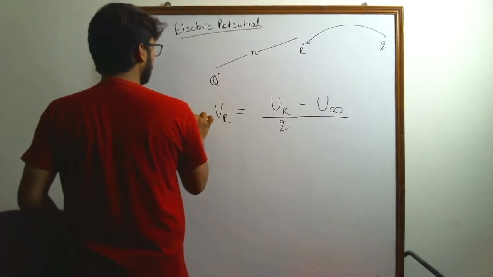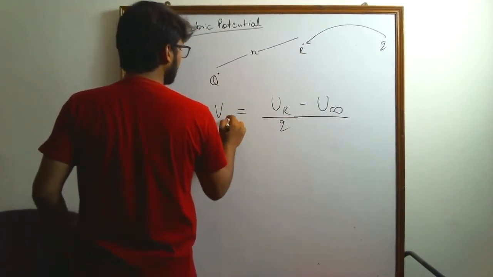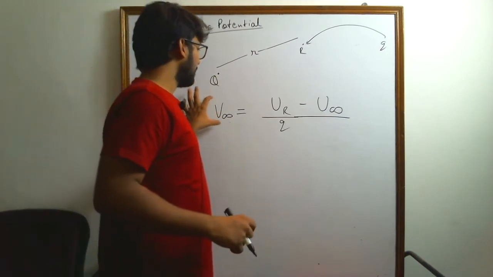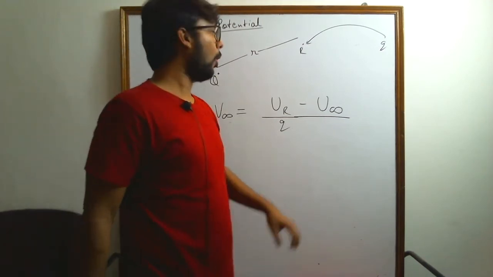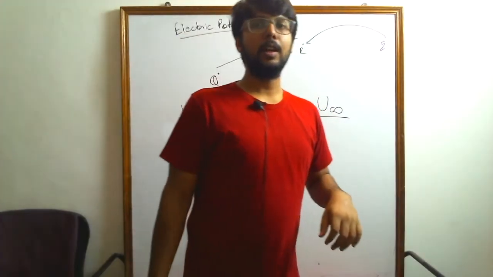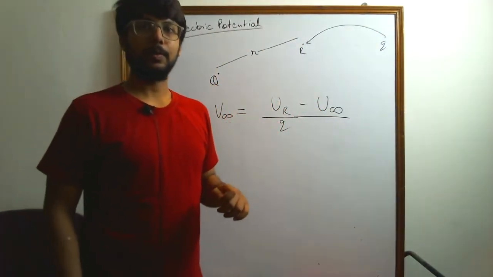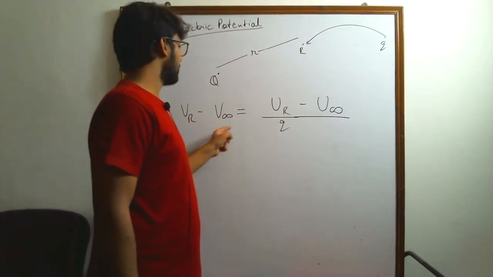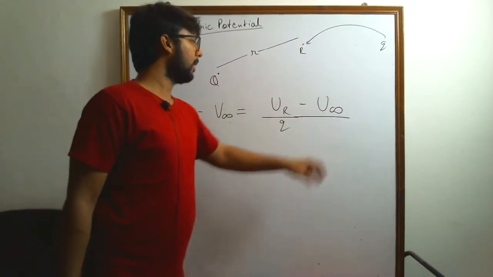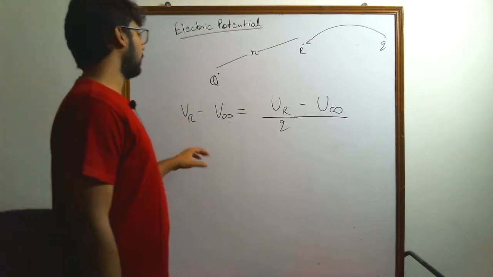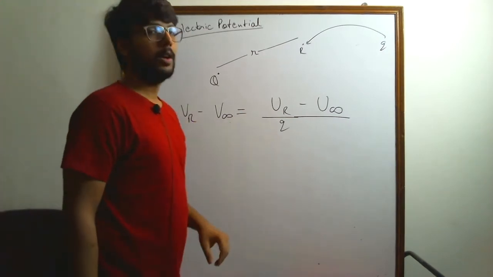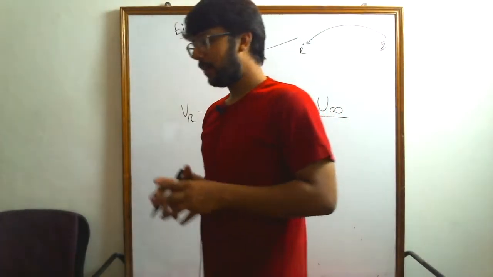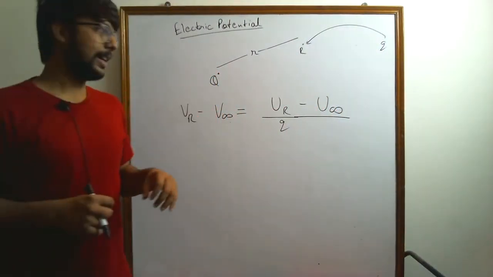We are saying that potential at infinity is 0, or potential energy at infinity is 0. That's why we are able to consider this. Because this is 0, we can remove it from our equations, so we can just directly write V_R is equal to U_R by Q. That is extremely important to understand.